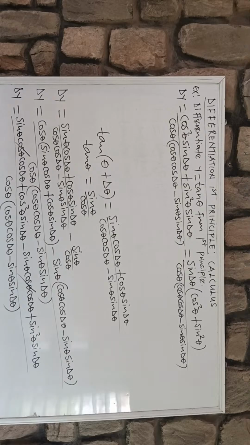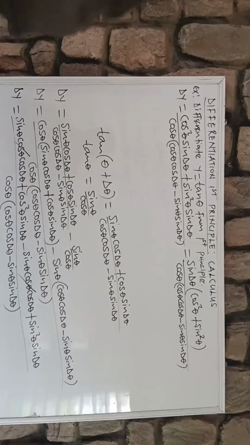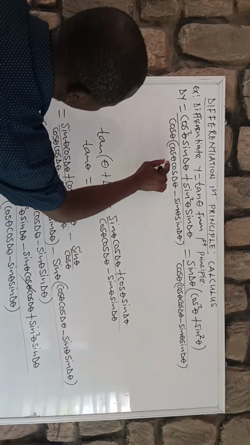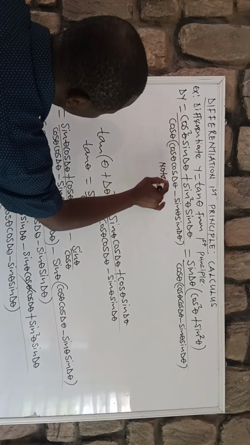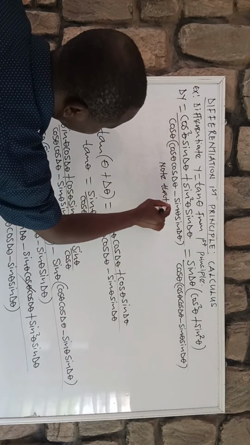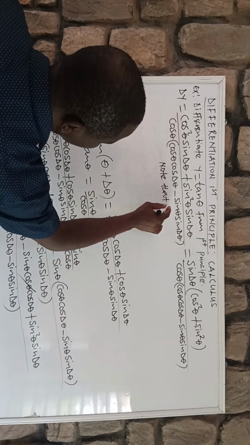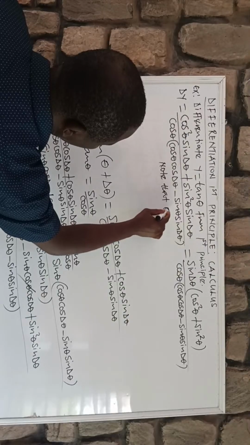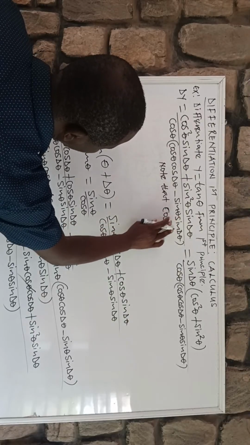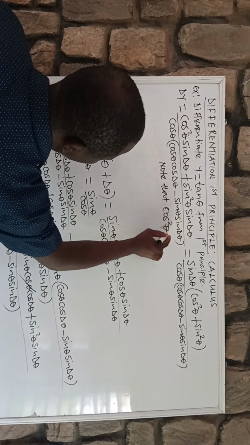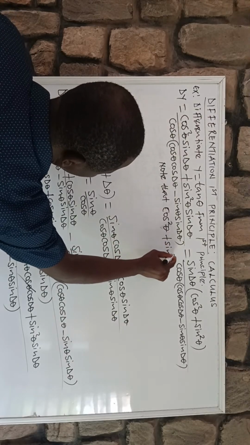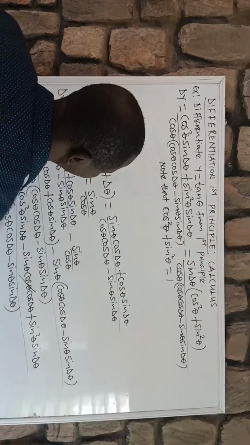Okay? So if you are following, I want us to note at this point that cos square theta plus sin square theta is equal to 1.